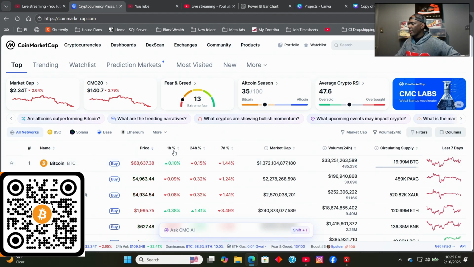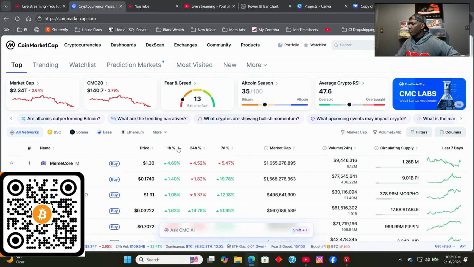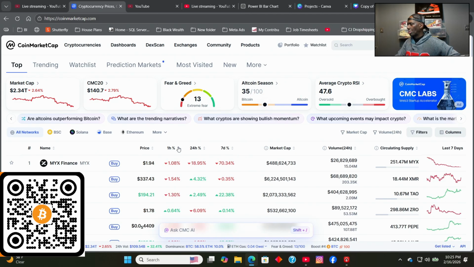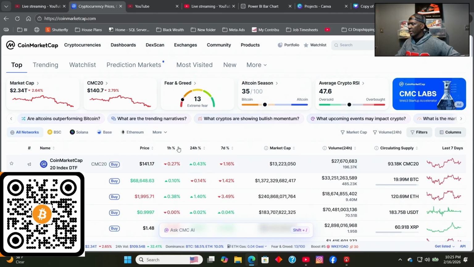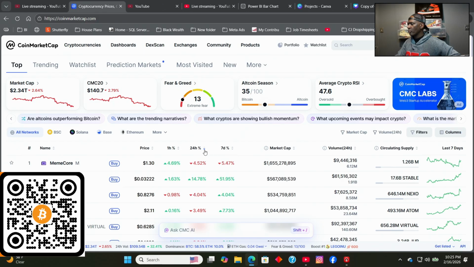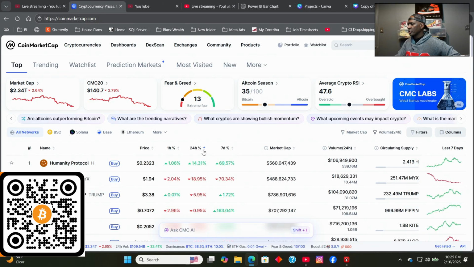Can I sort it by 1 hour percentage? Let's see. Down 1.08 and down 0.27%. So I guess we can sort it in those ways if we wanted to. Sort it by 24-hour percentage.